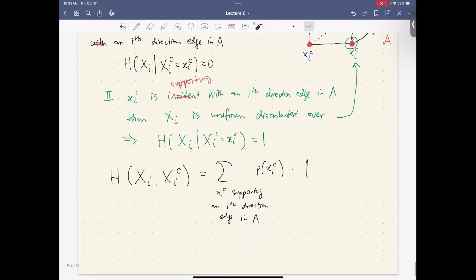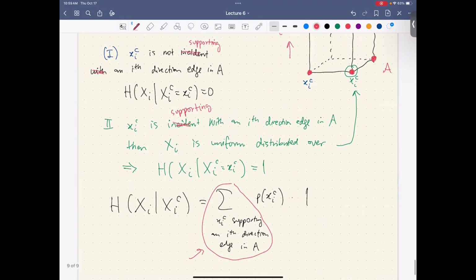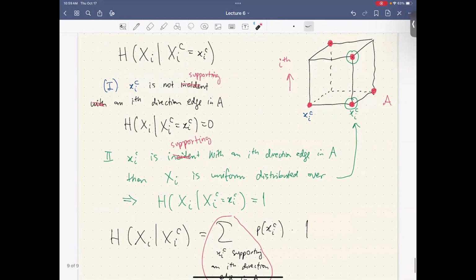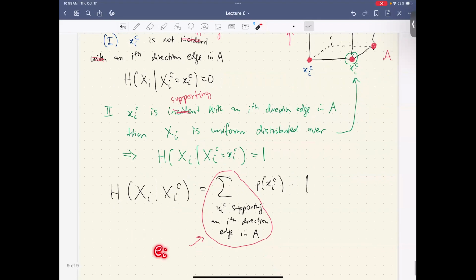Now we are almost done. Why? First of all, notice that the number of projections, the choices of x_i^c where it supports an edge, is precisely the number of edges in the i-th direction in A. This is precisely E_i(A).